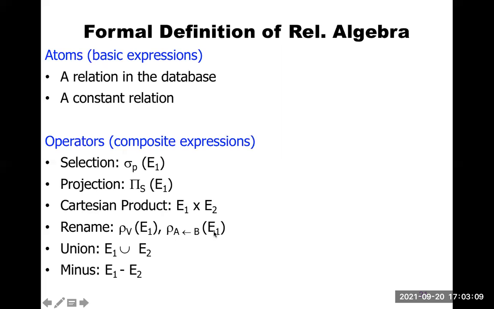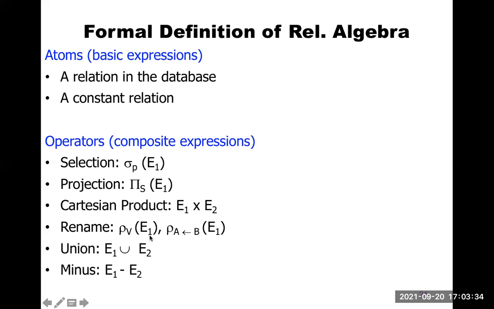Cartesian product is all the combinations of attributes from both tables, and every expression results in a table. So we may think about E1 as a table, be it an atomic relation or a composite relation or the result of a composite expression.